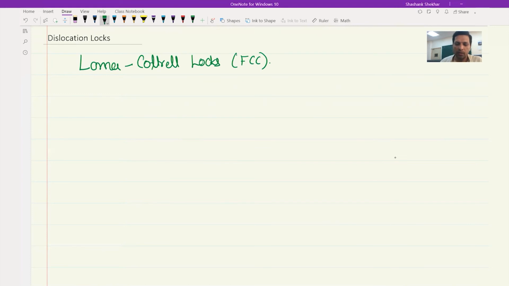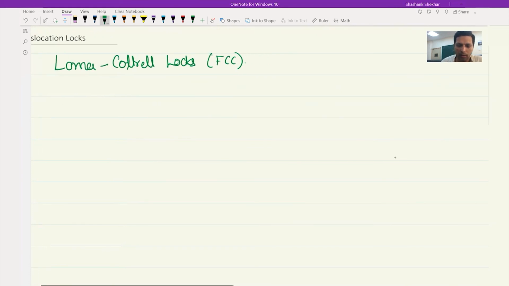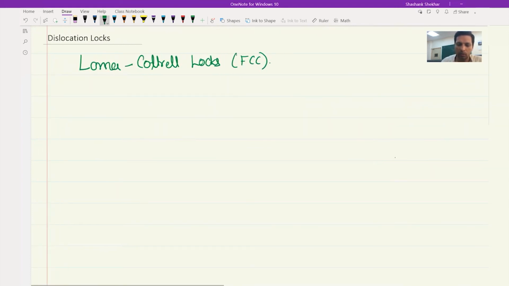So to understand this, first list up all the dislocation slip planes and Burgers vectors for the 111 slip plane and the 11 bar 1 slip plane. So we know there are 4 different slip planes in FCC. Out of these 4, let's first take up only 2, and the same thing can be extended to the other pair of slip planes.